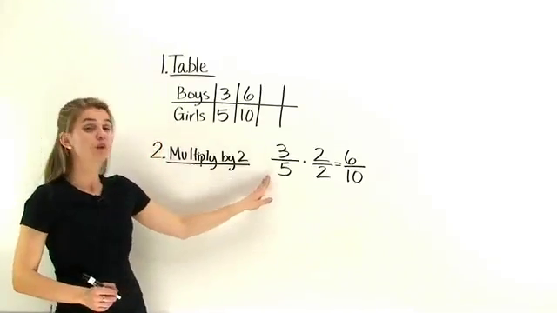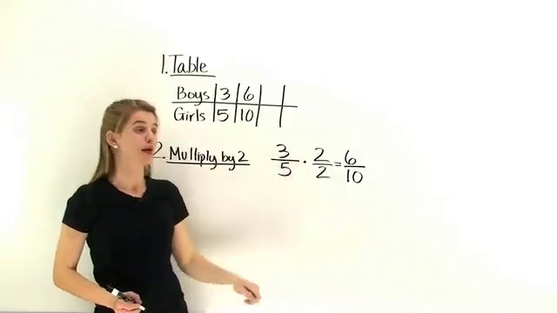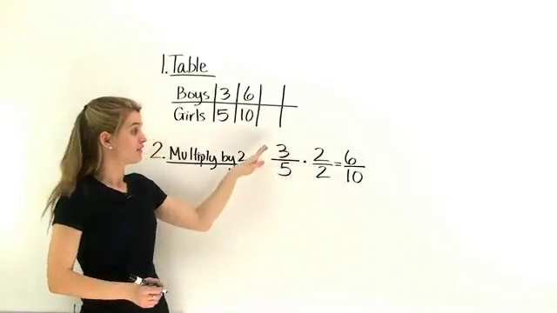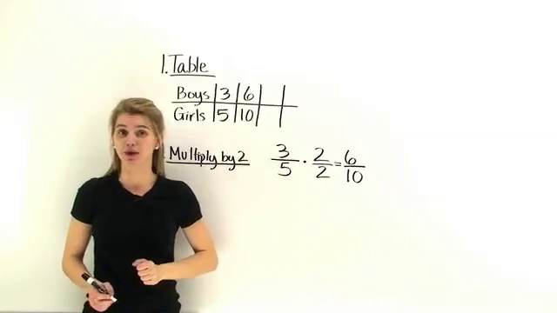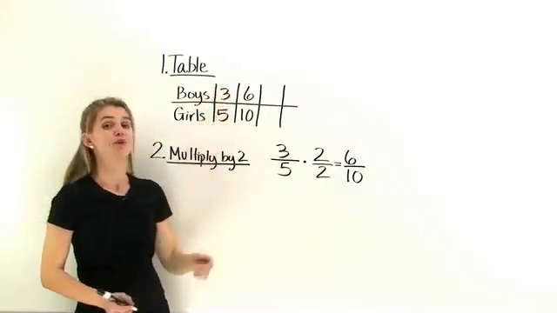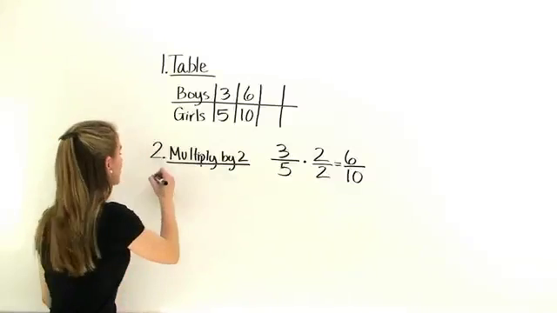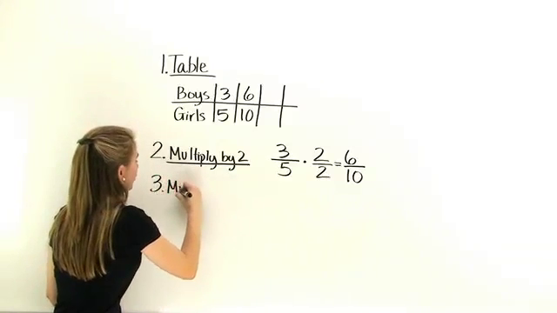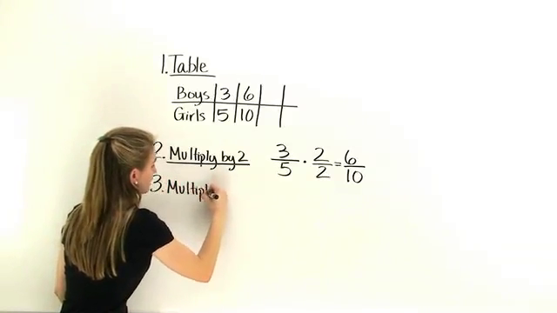Well, to get another equivalent ratio, we said we could multiply by anything as long as we multiply the numerator and denominator by the same number, or both parts of our ratio by the same number. So let's go ahead and multiply both parts of our ratio by 3 this time.